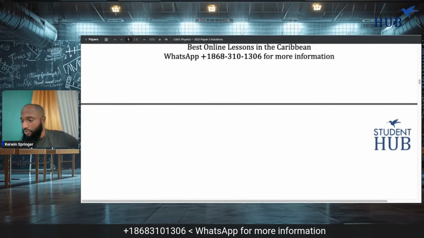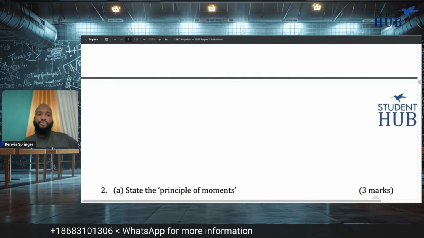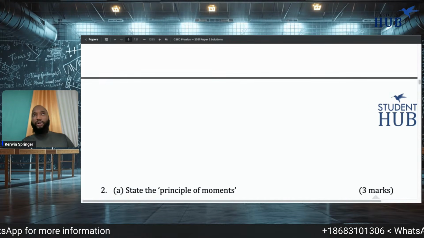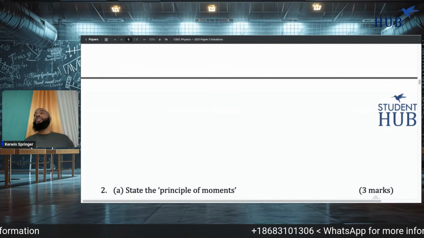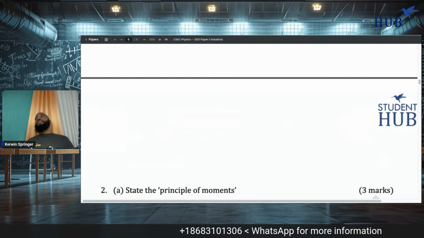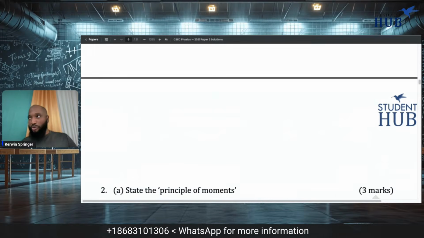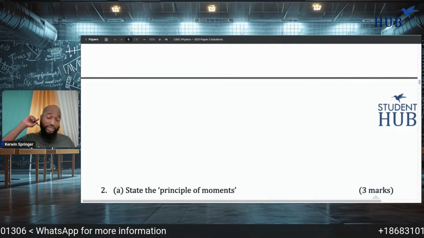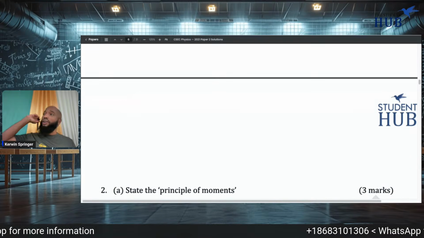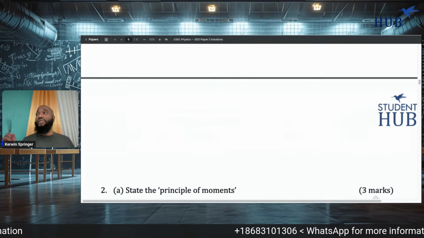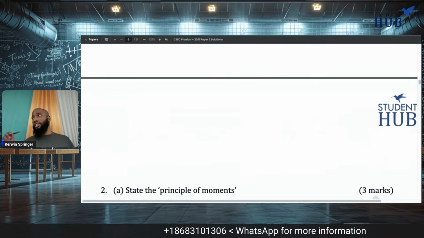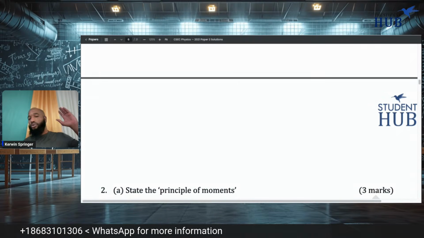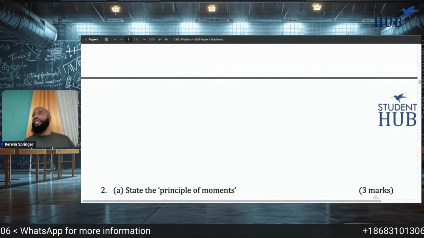State the principle of moments, class. That's not the principle of moments. That's one of the conditions. So let's just correct the 2 mistakes. Somebody said one of the conditions necessary for static equilibrium, and that's not the way to state it. He said total upward force equals total downward force. What's the better way to state that?